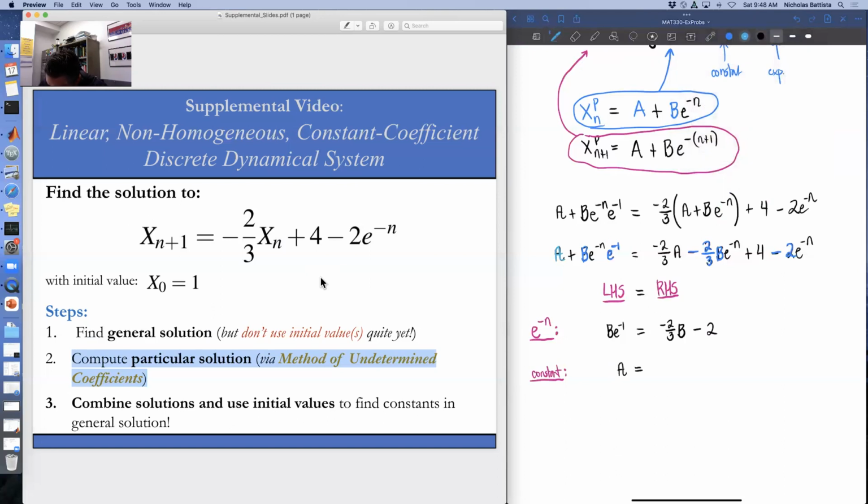And on the right side, it is the minus 2 over 3 in front of that a, as well as this plus 4. Oops, I forgot the a down below.